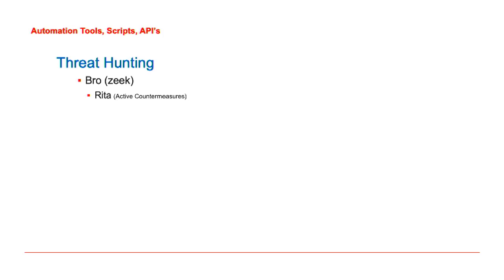But one of the things that we found to be very useful is RITA, which is a product from Active Countermeasures. And so there's a lot of things that it can do, but the most important thing that it can do is look at C2 traffic, and that's really what the tool is for, is to look for C2 traffic.